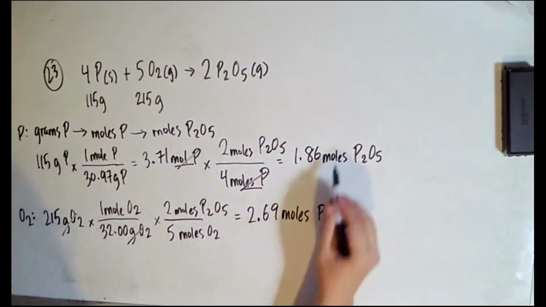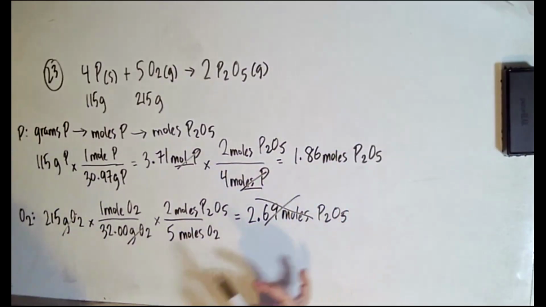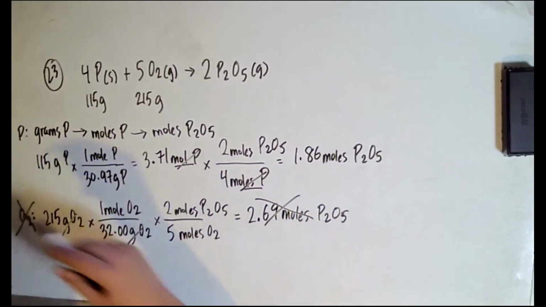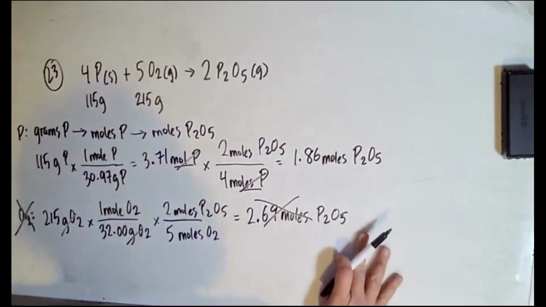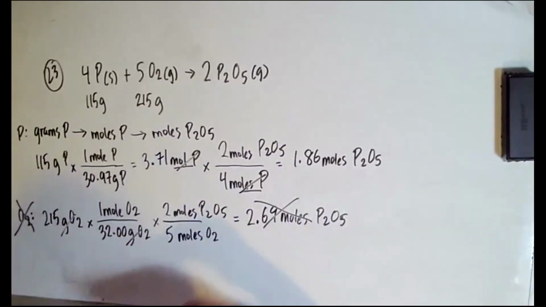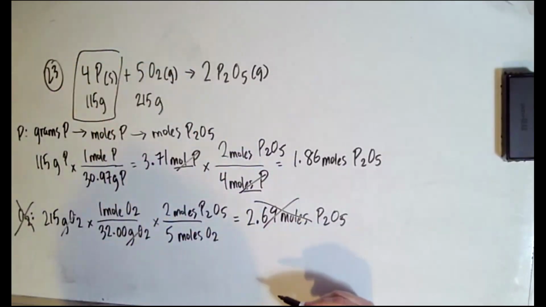Okay, so right here with these two numbers, we can cross out the bigger one, and we know right away that oxygen is not our limiting reactant. So our limiting reactant is definitely our 115 grams of phosphorus.